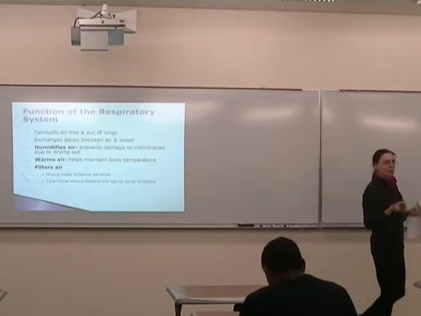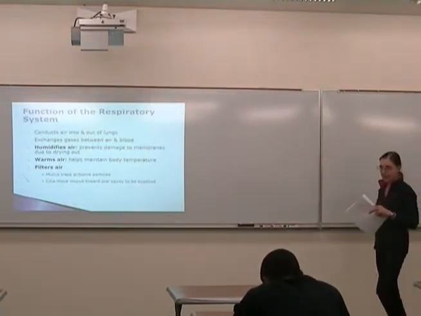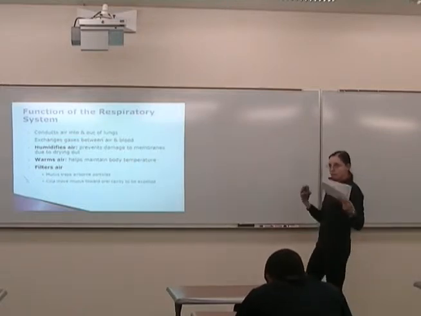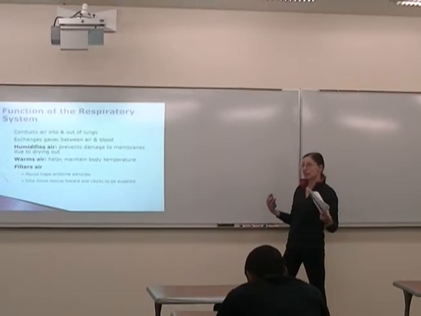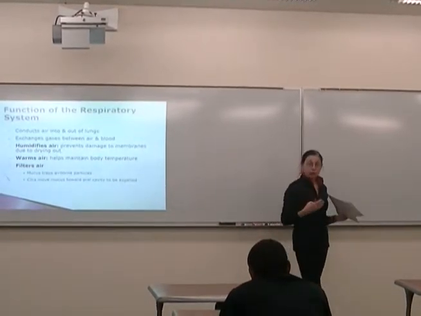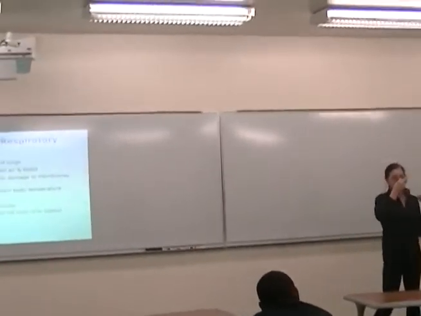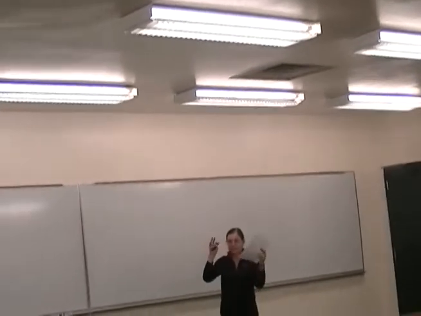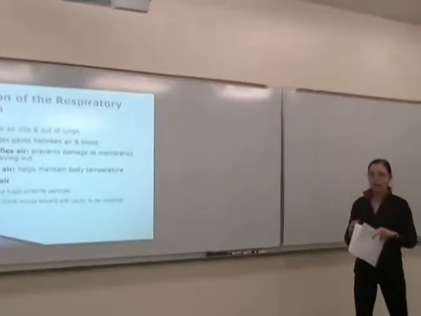Some people have a better filtering system than others. Some of us have really bad allergies because the filtering system isn't doing the job. We are more sensitive to the allergens, but it would be a lot worse if we didn't breathe in and out through a cavity that has little hairs to try and catch the allergens.